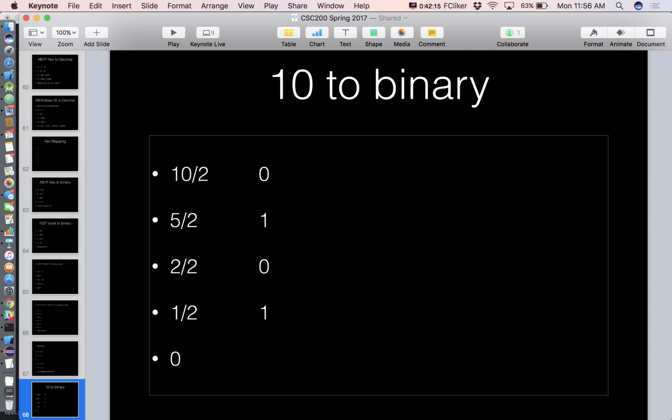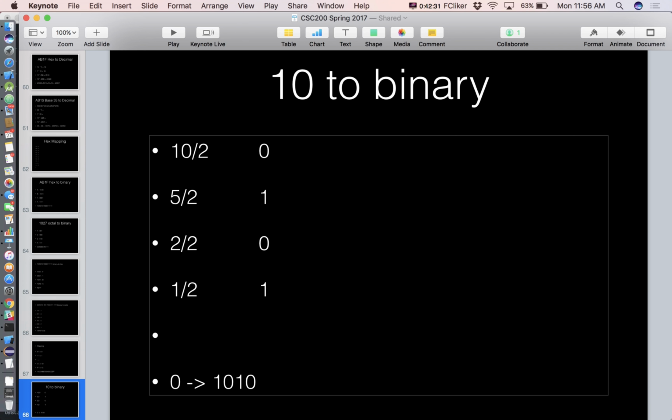We read our answer from bottom up. This is 1 0 1 0. You will be concatenating these remainder results together as you go through. Remember that the remainder operator is the percent symbol. That's modulus, right?